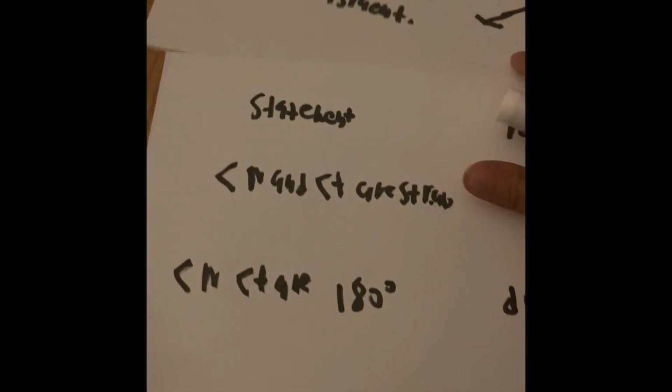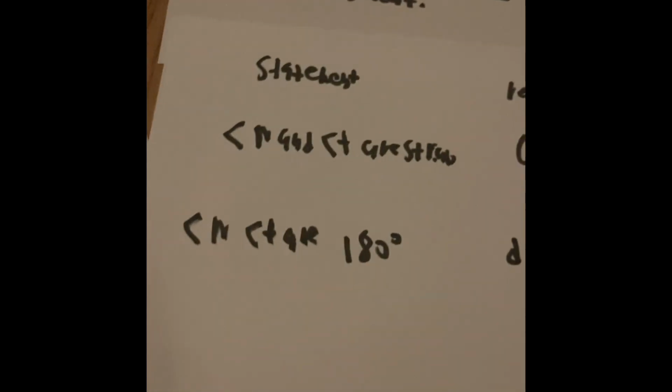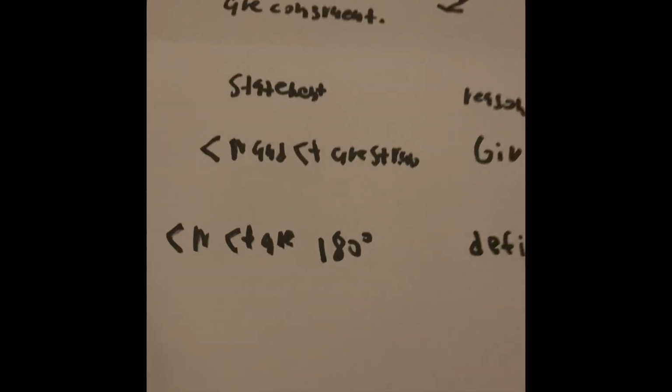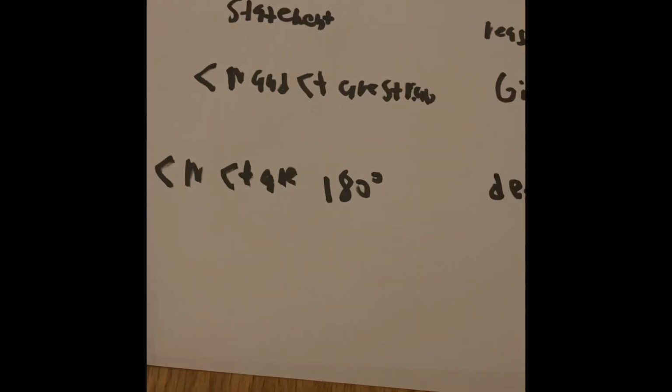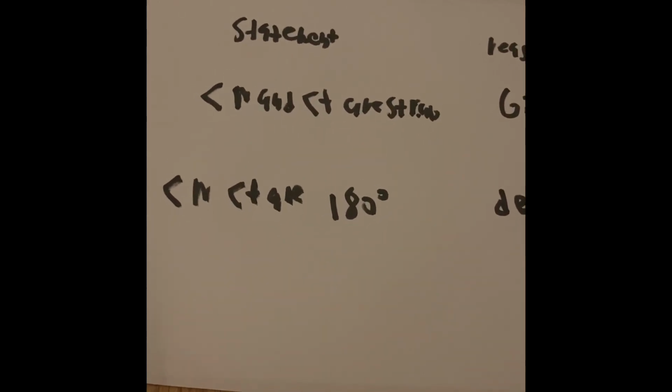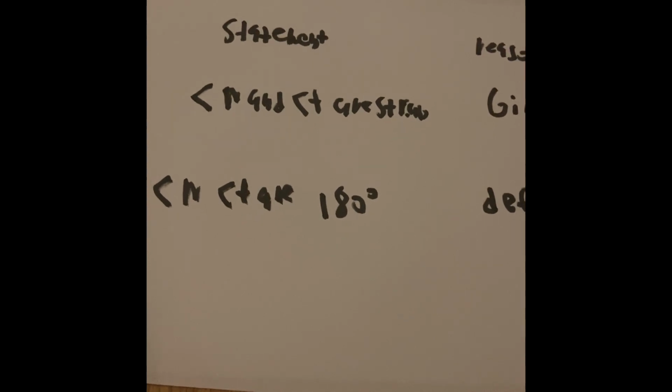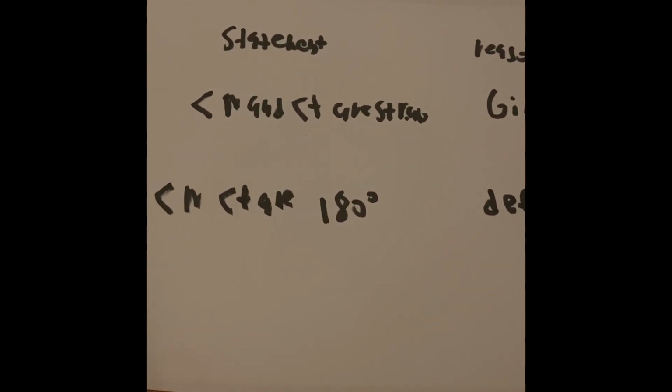So if we're trying to prove that they're both congruent, and they're both straight angles and both 180 degrees, and 180 degrees is equal to 180 degrees, then we can get to our proof.